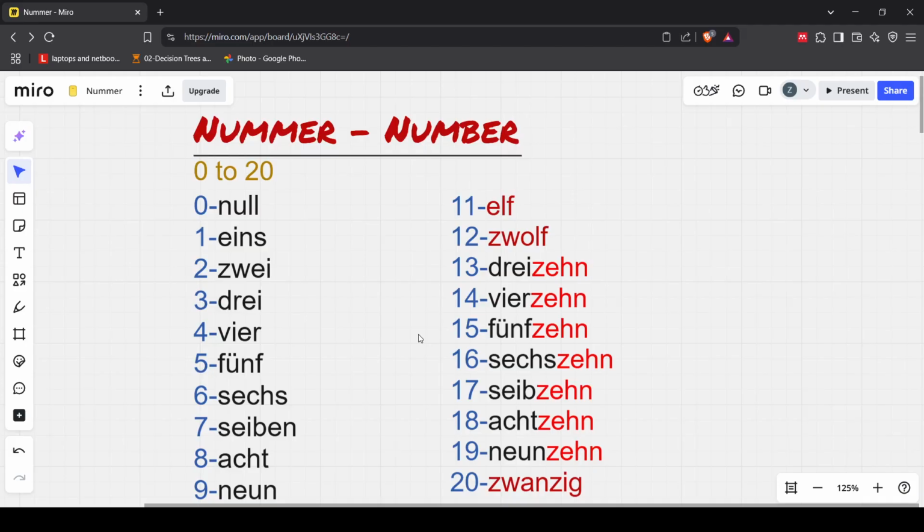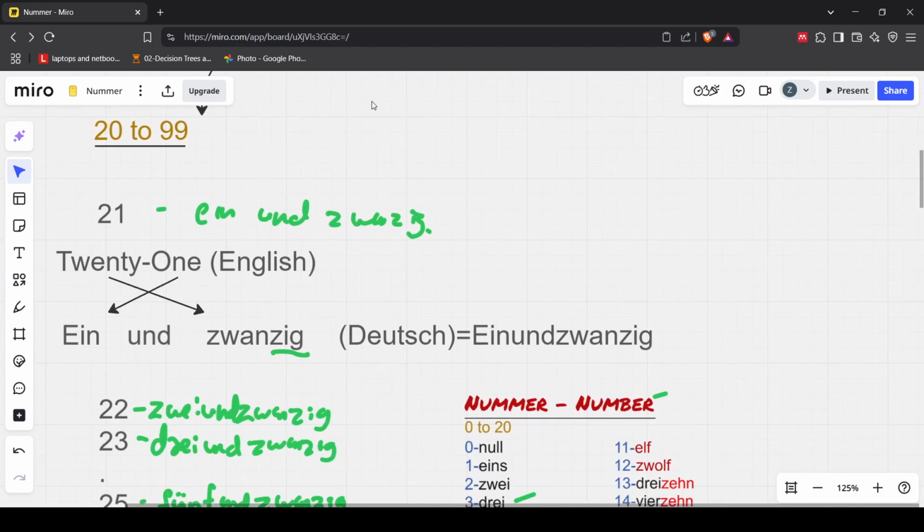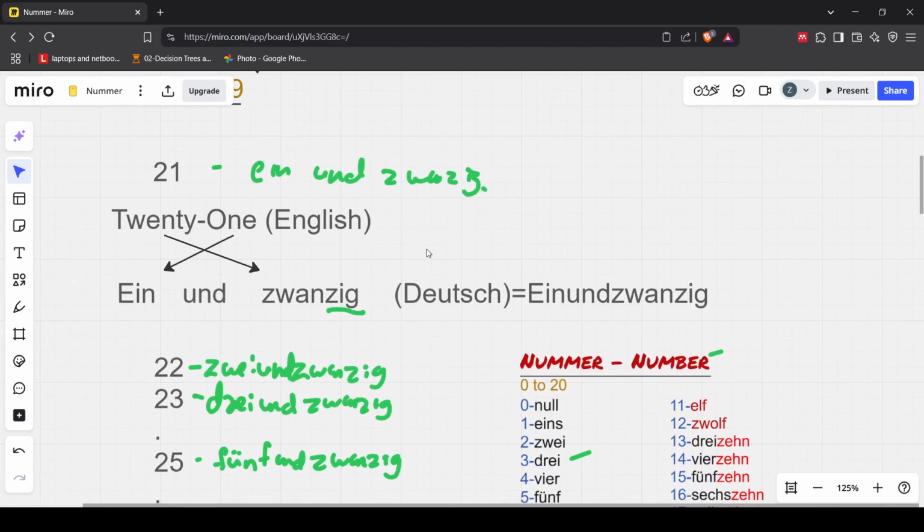Then you can count from 0 to 20, then 20 to 0 in the backward fashion. And once you are thorough with 20, then go for 21 to 99, which is slightly different from the way we say the number in English. We reverse the digits. We swap the digits. Instead of twenty-one, we will say one and twenty, and 32 becomes two and thirty, etc.